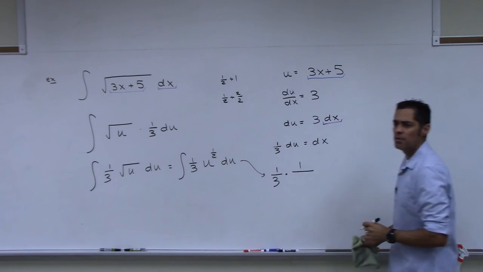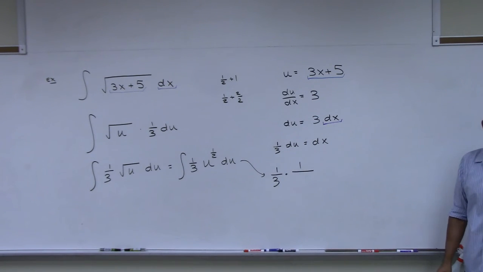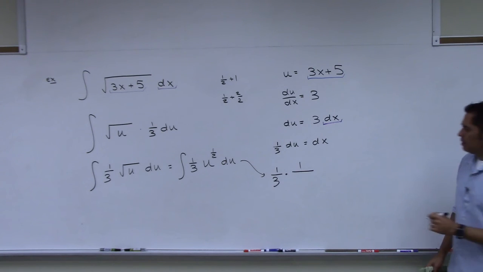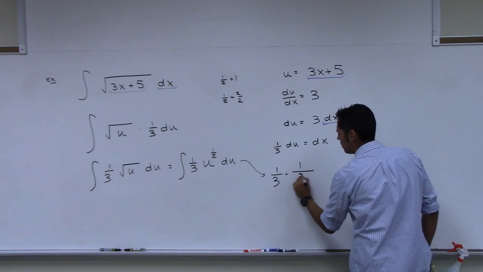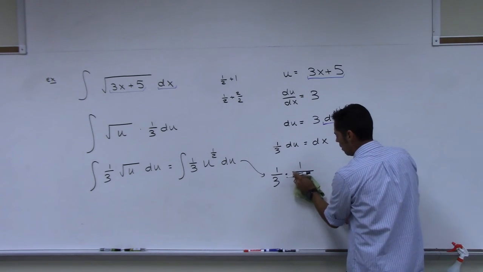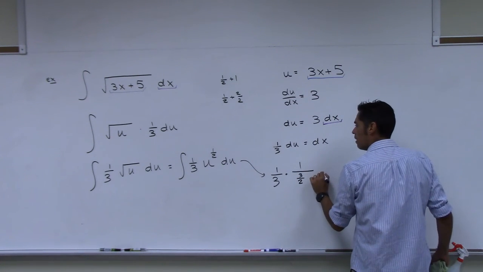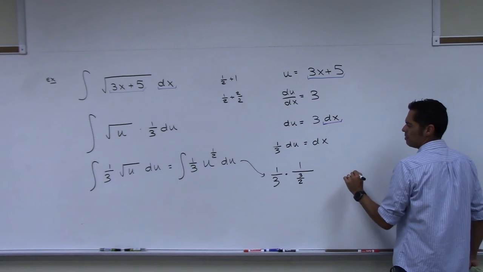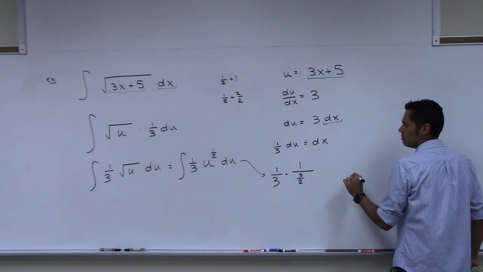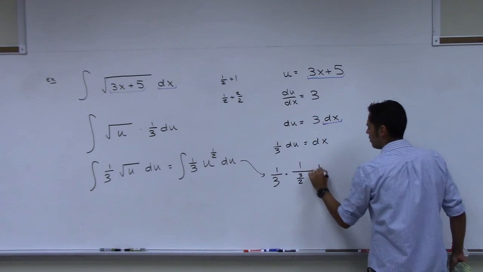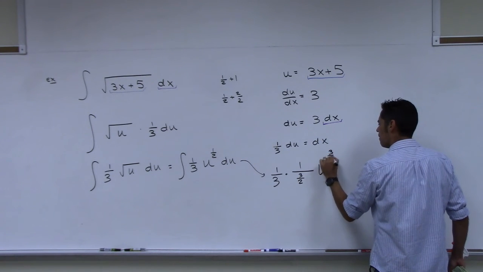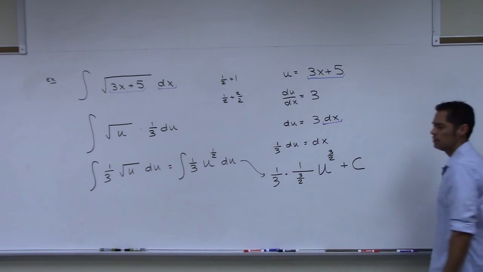Common denominator, which is 3/2. 3 over 2, which is 1.5. But this becomes 1 over 3/2. X to the 3/2 or u to the 3/2? U, right? It's u to the 3/2 plus a constant.